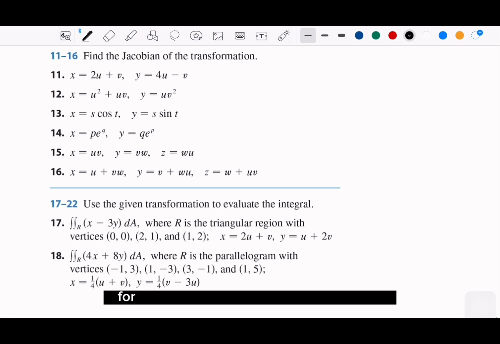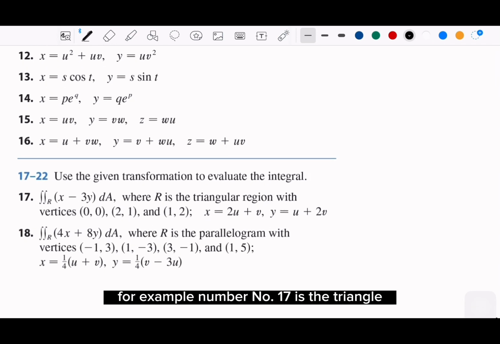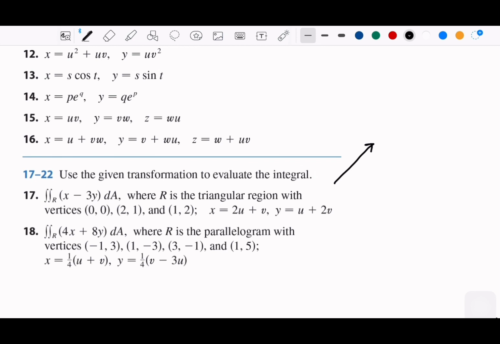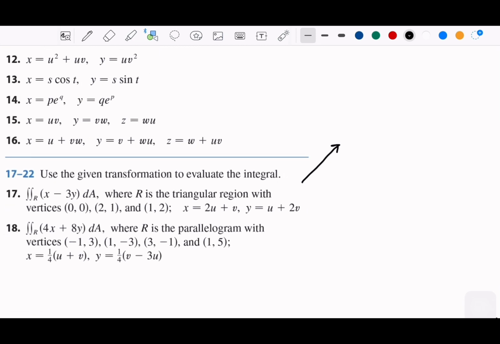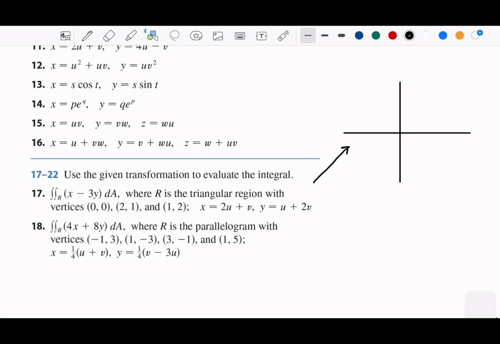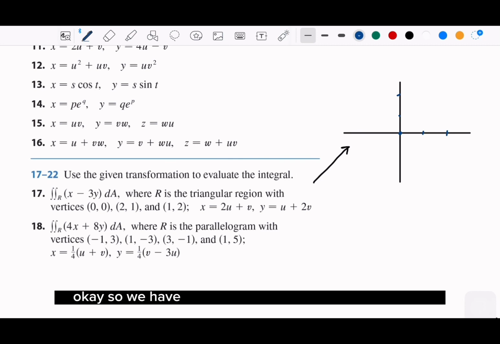You could try to draw, for example, number 17 is the triangle. Start from 0, 0. Okay, so we have 2, 1 maybe here, and then 1, 2 probably here.